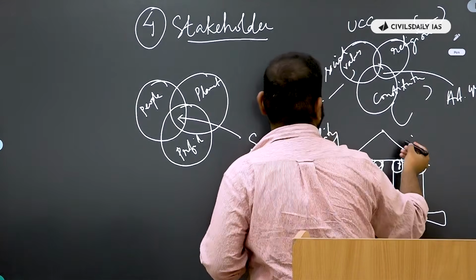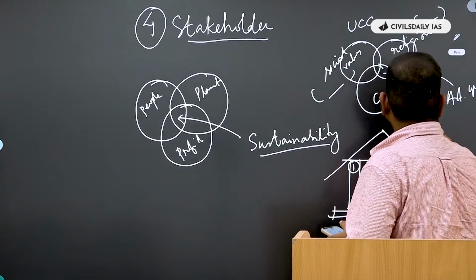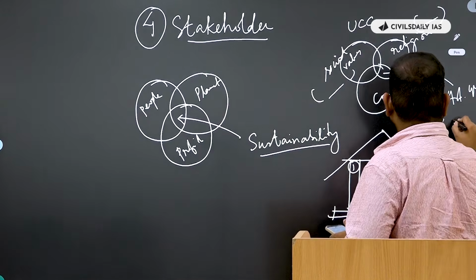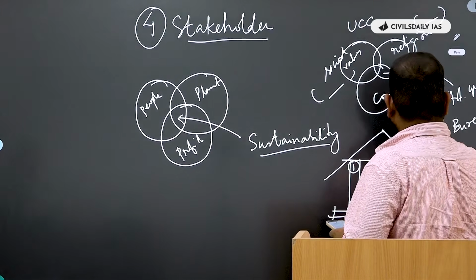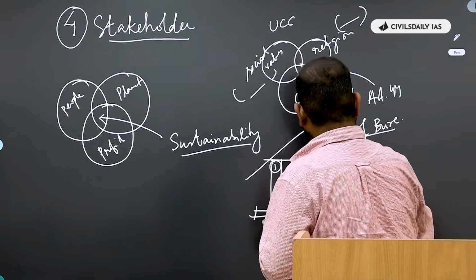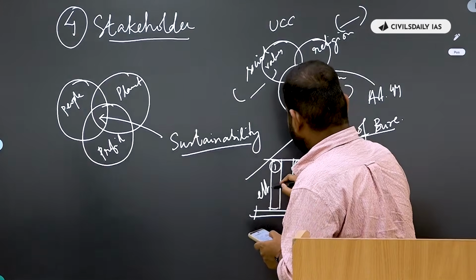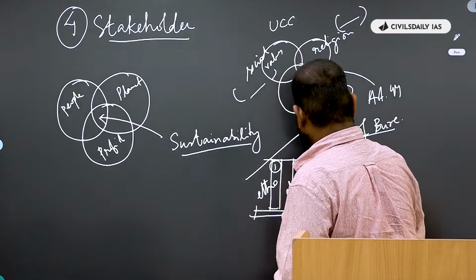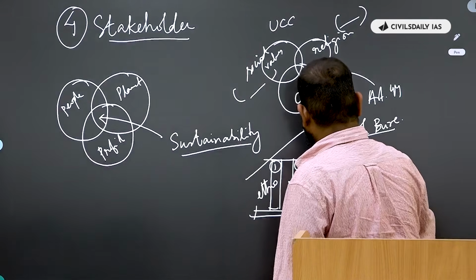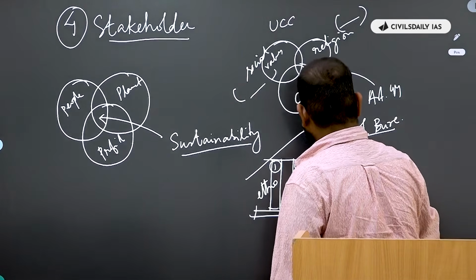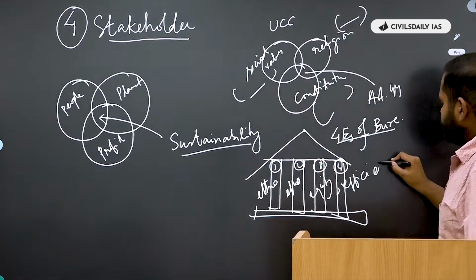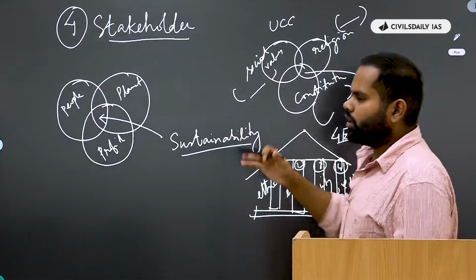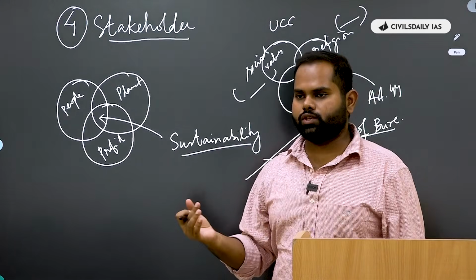For example, if you have to write the 4 E's of bureaucracy, this could be ethos, this could be ethics, this could be equity, and this could be efficiency. So this again is one of the ways you could show stakeholders as well.